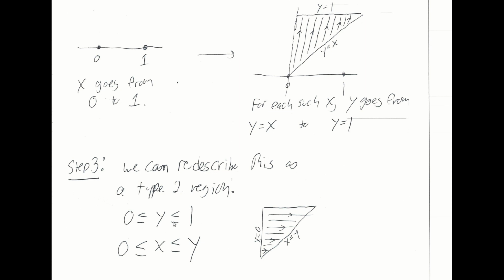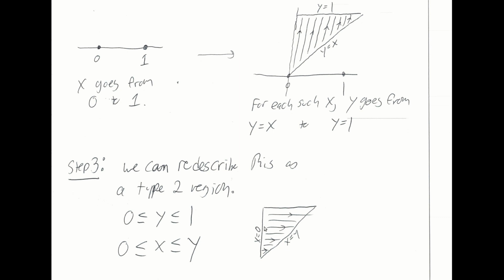So y is going from 0 to 1. For each of those y values, as y slides up this interval from 0 to 1, we'll have our x variable going from this left-hand curve over to this right-hand curve. So x is going to go from the straight curve on the left to the slanted curve on the right. We'll go left to right, and we'll come back and increment y up a little bit, and we'll go left to right again, and so forth.